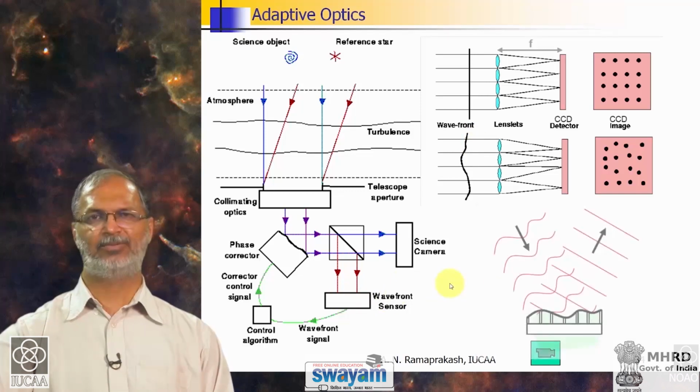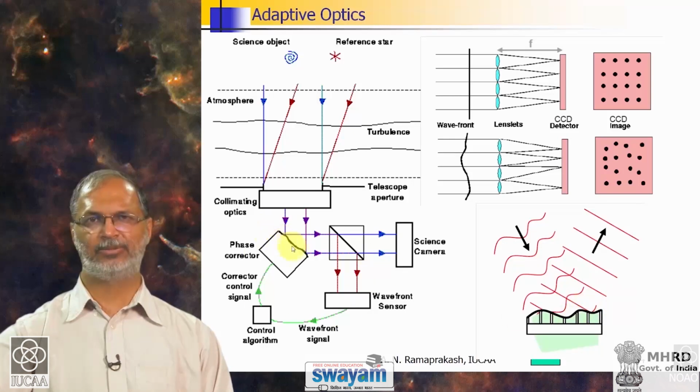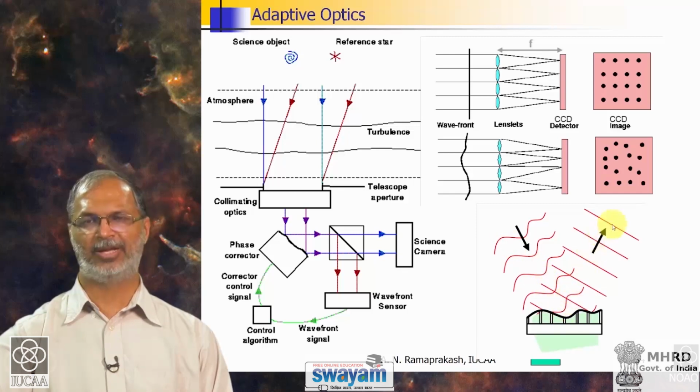Now, once that information is obtained, you have to use that information to change the shape of the deformable mirror, and the way it is done is the following. You have this wavefront which is distorted falling on the deformable mirror. The shape of the deformable mirror is changed exactly in a way that as this wavefront falls on the deformed mirror and reflects, it becomes a plane parallel wavefront.